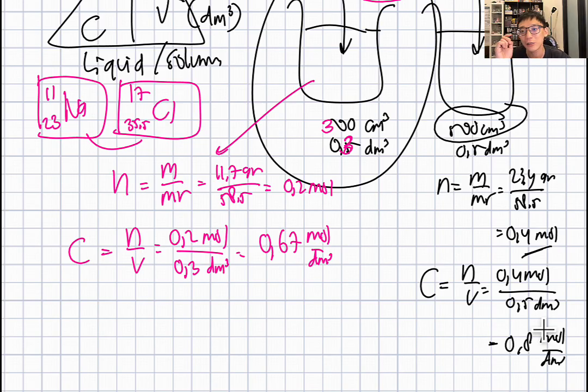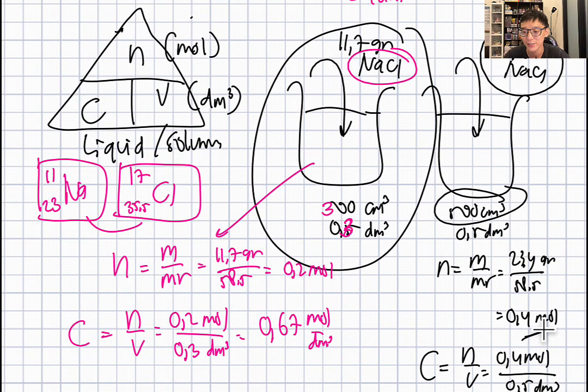So all in all, the right glass still has a higher concentration, so it's still saltier. This is how you use the concentration triangle.